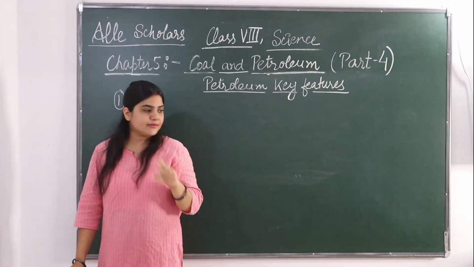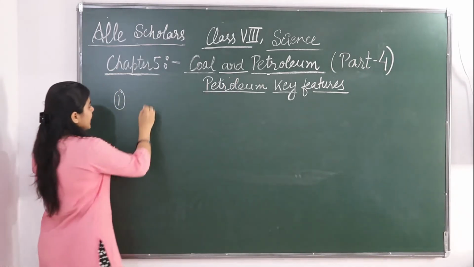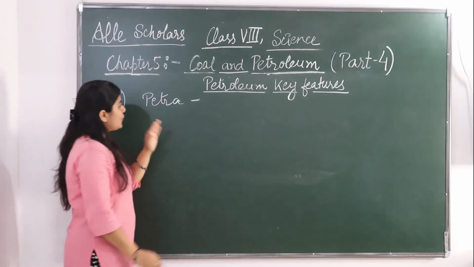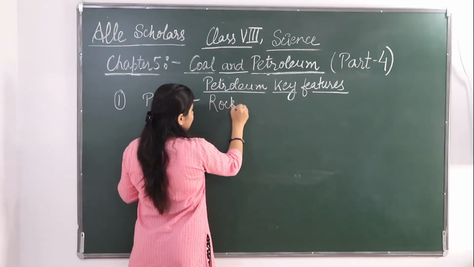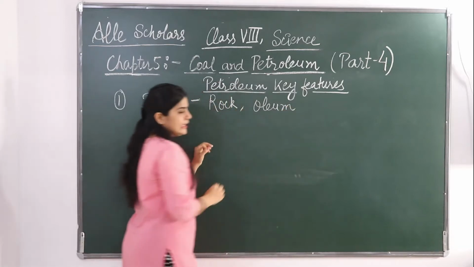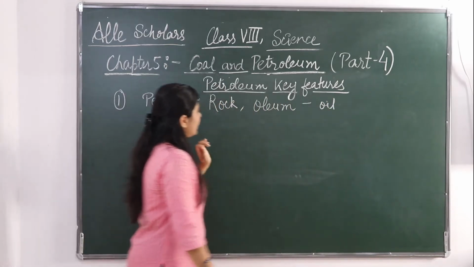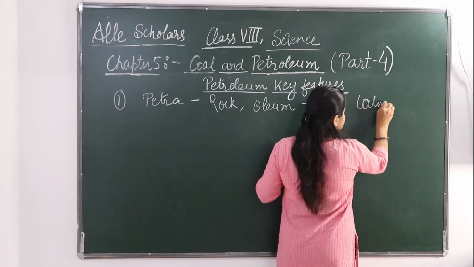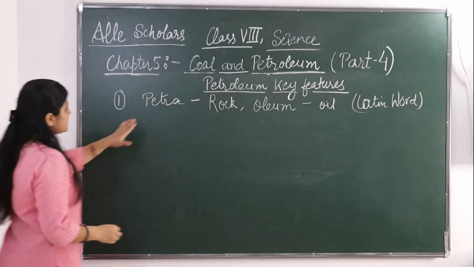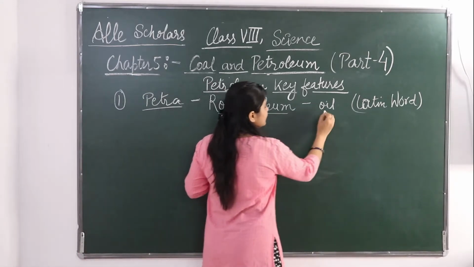It is derived from two Latin words: one is petra, which means rock, and the other is oleum, which means oil.